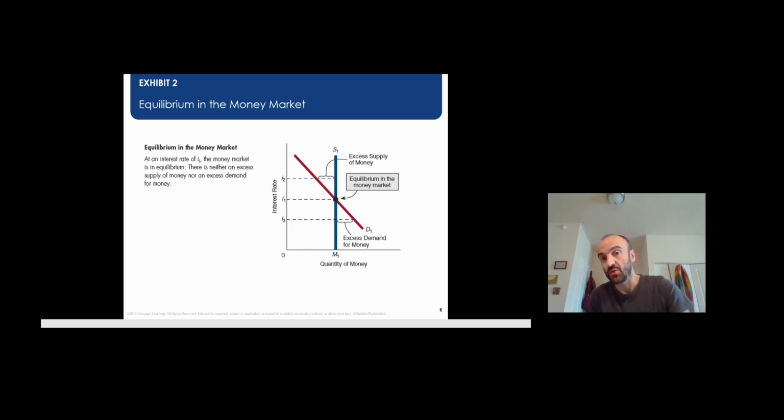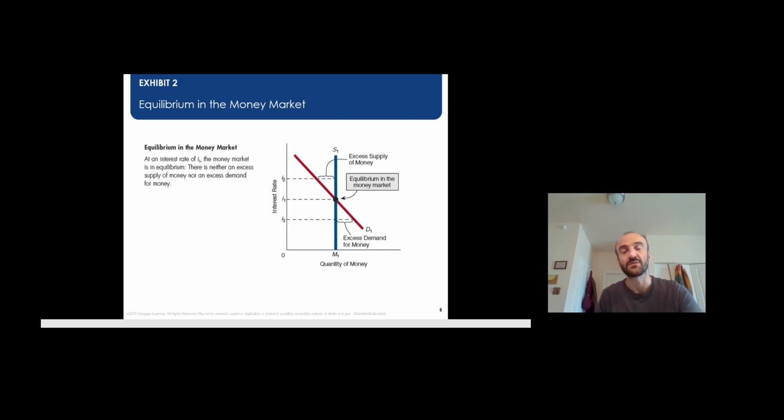When the interest rate is lower, people borrow more money, so the quantity demanded increases until we reach a point in which supply equals demand. Okay, so that's a very simple, straightforward description of an equilibrium in the money market and how the money market eliminates shortages and surpluses, or excess demand for money or excess supply of money.